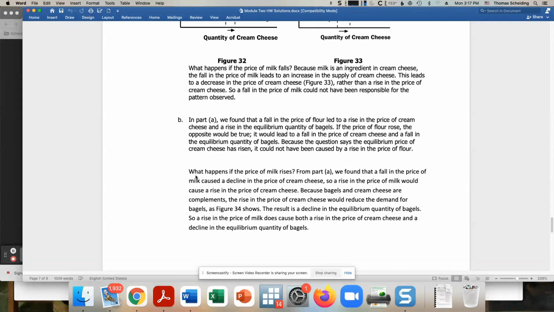So, as the question highlights here, what happens if the price of milk rises? Then in terms of cream cheese, we would see an increase in the price of cream cheese and a reduction in the demand of cream cheese, and we see that right here.